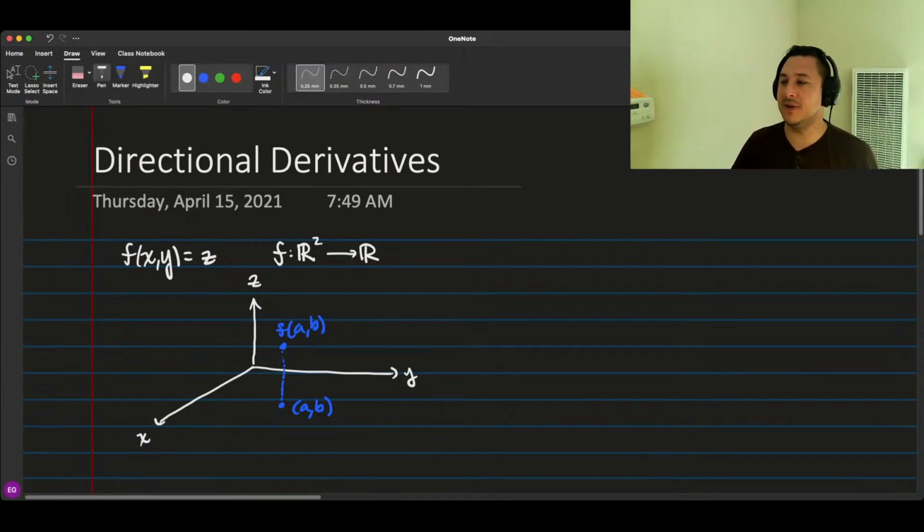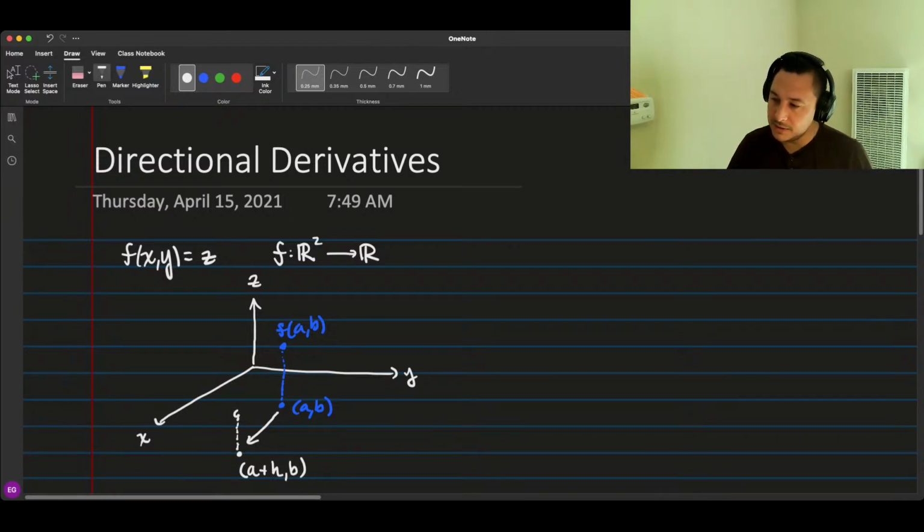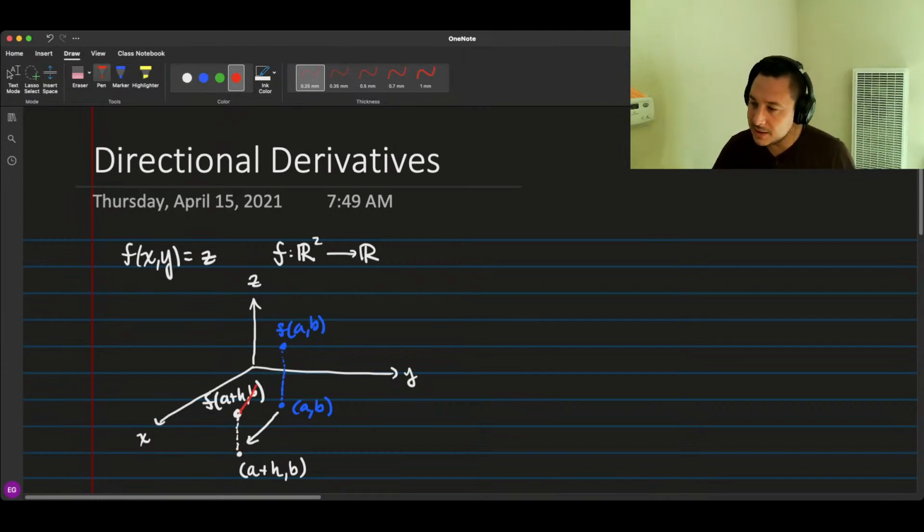So we figured out that there were two ways that we could easily do this. You can move your point away in the x direction, so you have a plus h comma b. Then you could evaluate that point and you would get f of a plus h comma b. And then there's your secant line.